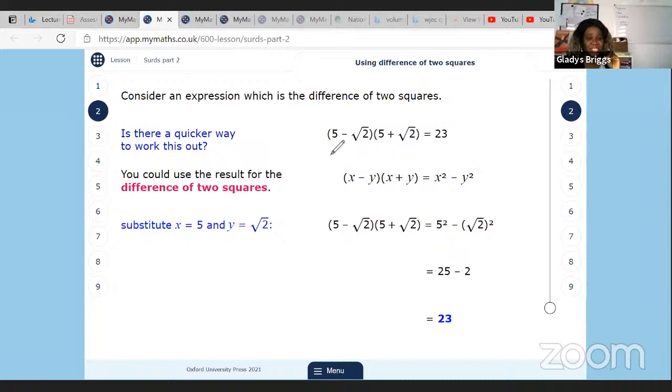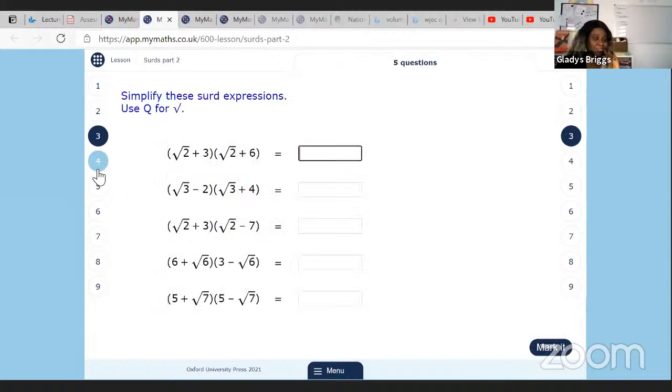So the most important things are this calculation and the final calculation. So all you have to do is 5 squared minus 2. Don't worry about that, because that's not really important. As long as you know how to do the expansion, I'm happy.